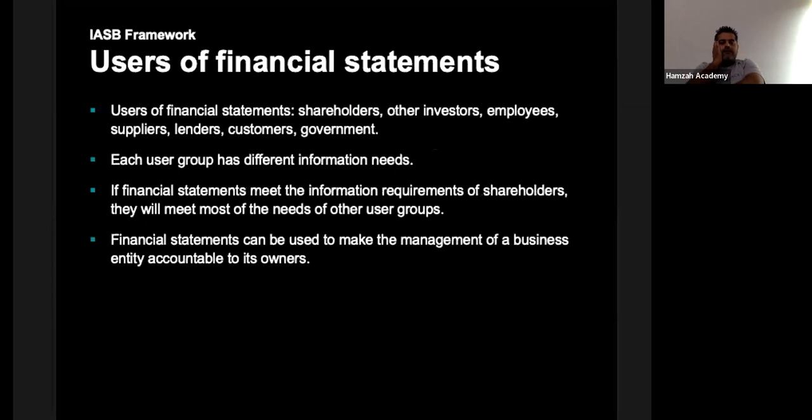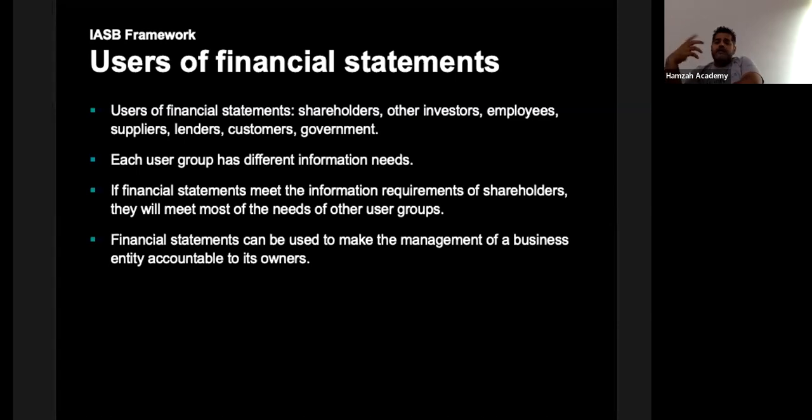And then we have the users of the financial statements. Talking about the users, we can easily say that the financial statements should provide the users with financial information about a business entity. There can be different users, like shareholders, other investors, employees, lenders, borrowers, suppliers, and so on, and the government as well.